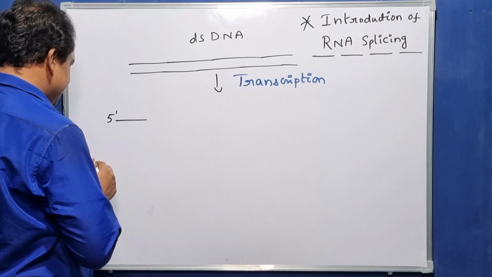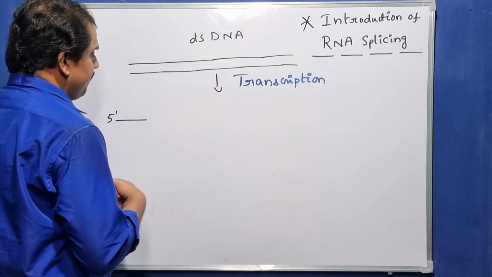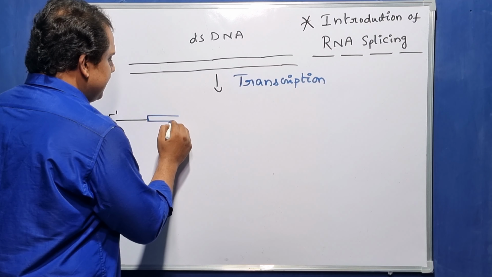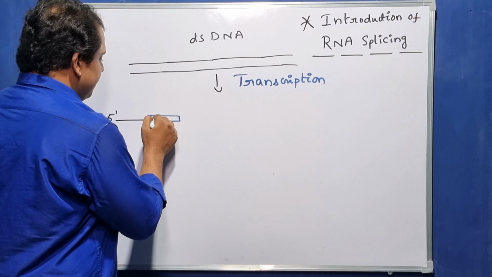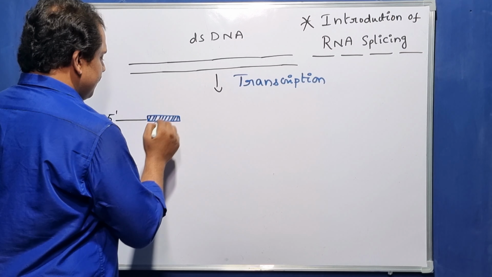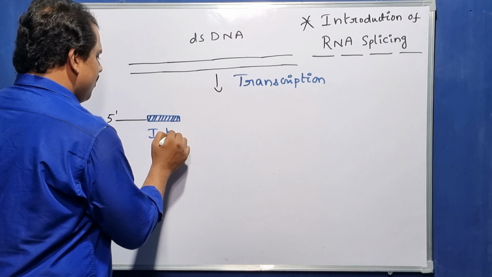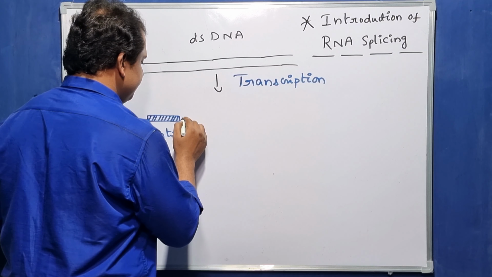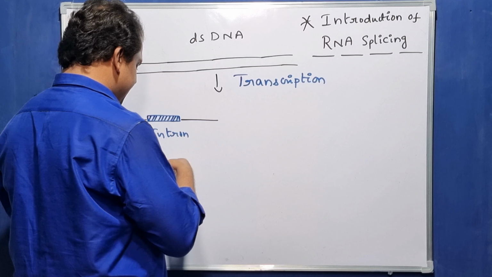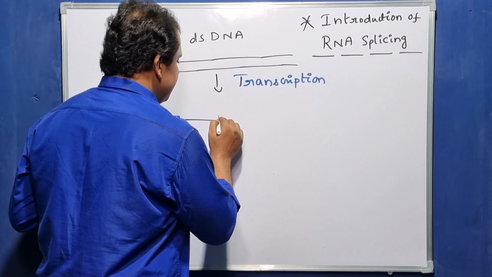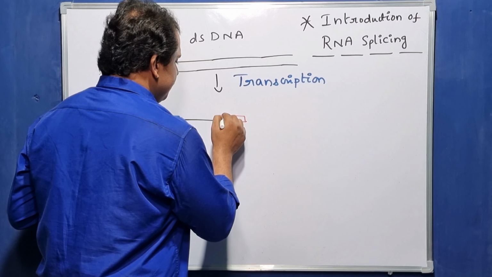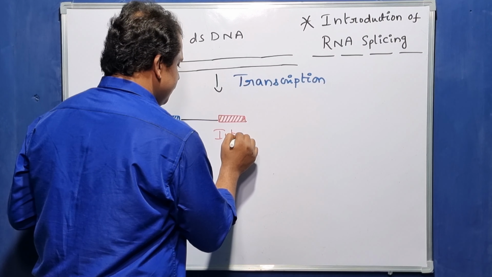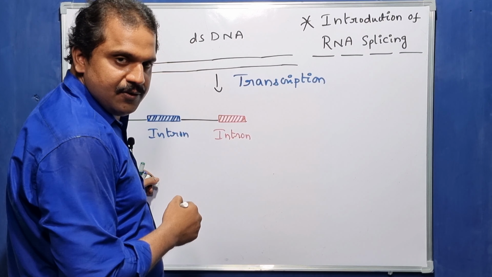The single-stranded mRNA consists of both the coding sequences and the non-coding sequences. Here it is a non-coding sequence, which is simply termed an intron. And again, this is a non-coding sequence or intron.